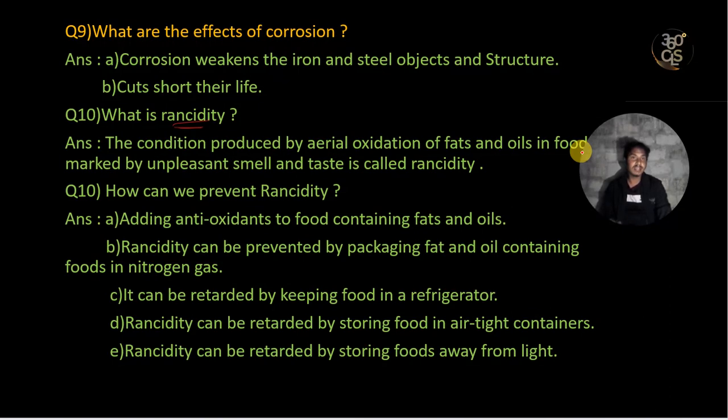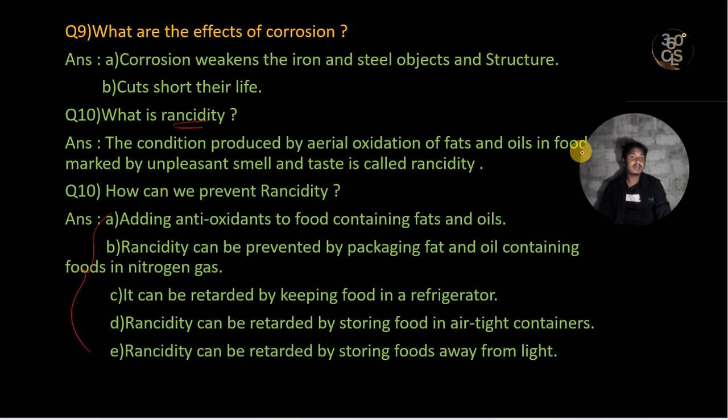Okay. Now, the next problem is how can we prevent rancidity? These are the ways by which we can prevent rancidity. First one is adding antioxidants to food containing fats and oils. Then second one is rancidity can be prevented by packaging fat and oil containing foods in nitrogen gas. Then third one is it can be retarded by keeping food in a refrigerator.